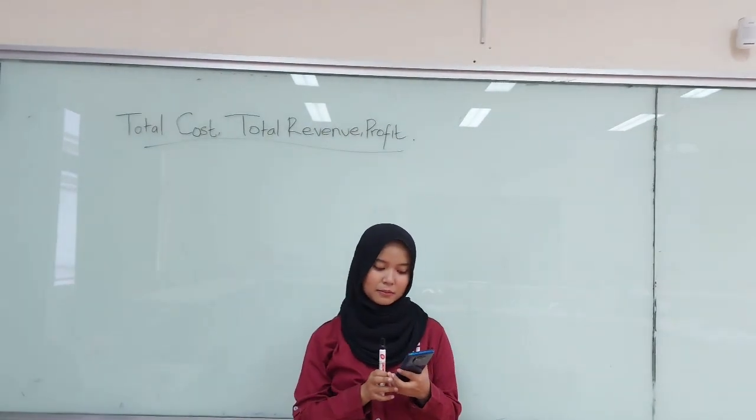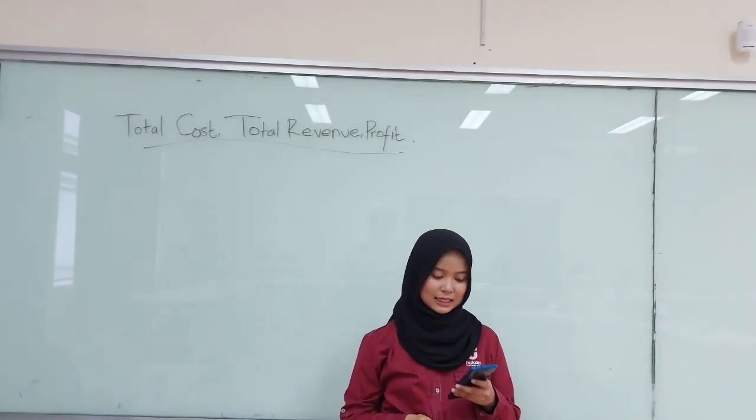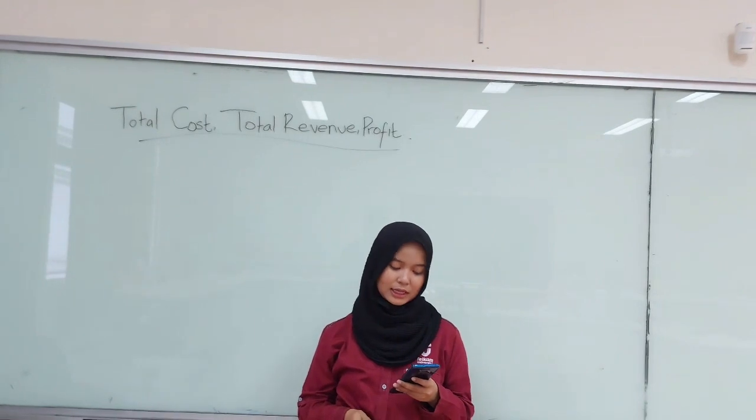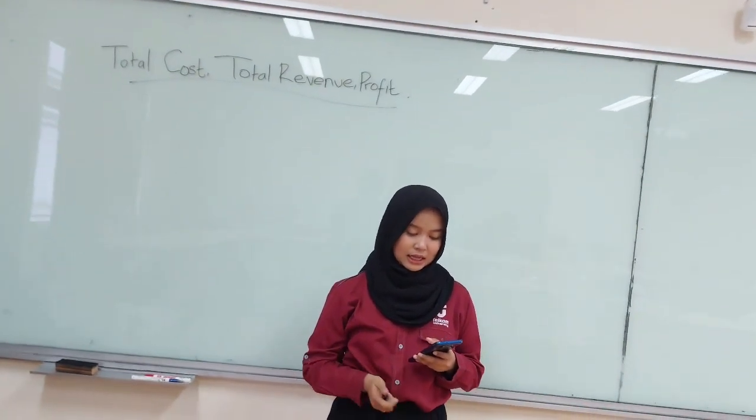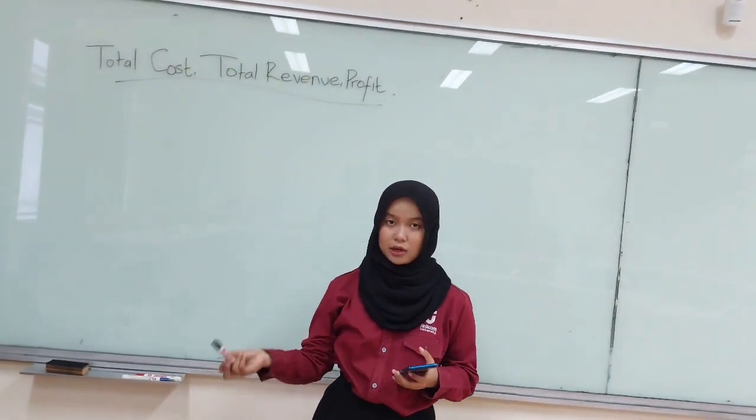The profit a firm makes on its product is the difference between the amount it received from sales, or its revenue, and its cost.